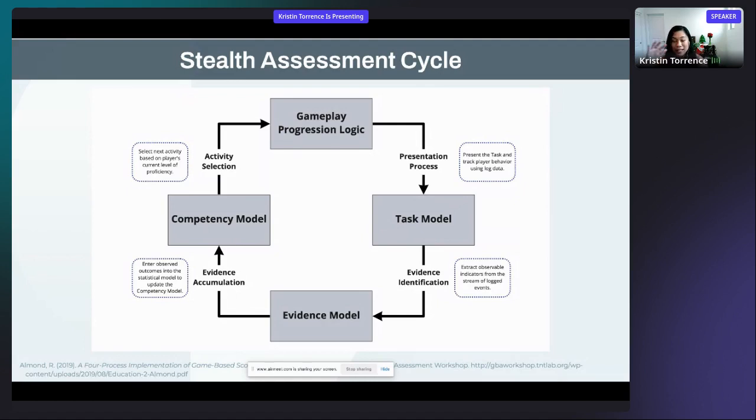So it is this continuous cycle. And she named it stealth assessment because the assessment is woven into really the fabric of the game. So learners are being assessed without them actually knowing it. And we'll go a little bit more into that in the next use case.